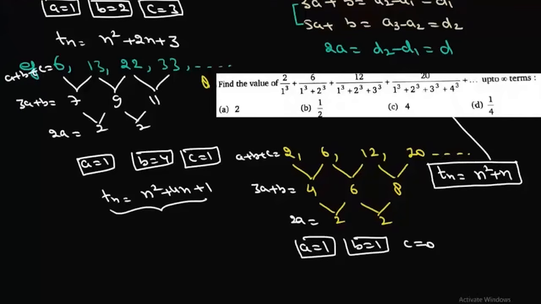Now in order to solve this question, we have to write the general term of the series. It is T_r, and in the numerator we'll have r square plus r. In the first term it is 1 cube, in the second term it is 1 cube plus 2 cube, so it will be 1 cube plus 2 cube up to r cube.